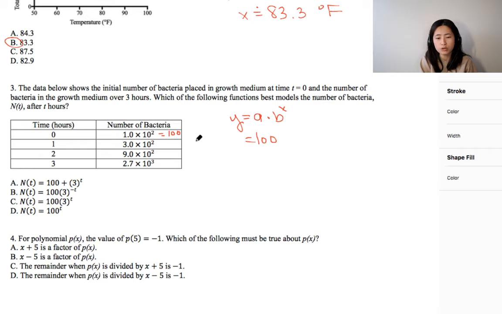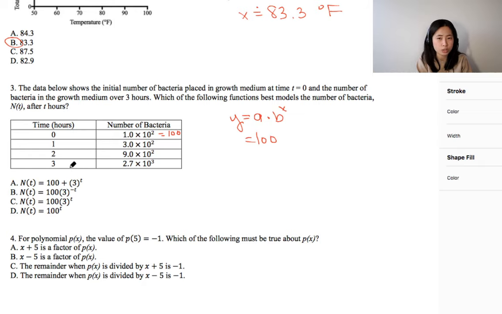So how do you find your factor anytime you're moving from time 0 to time 1 to time 2 and time 3 respectively? All you have to do is find the ratio between 3.0 times 10 to the power of 2 over 1.0 times 10 to the power of 2. And same thing, if you're at time 2, you need to find the ratio between time 2 and time 1.